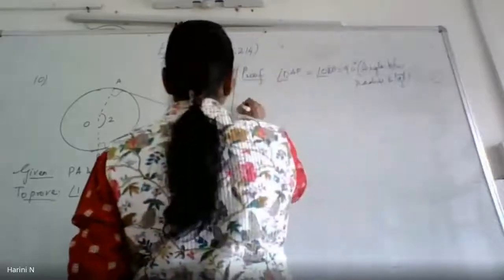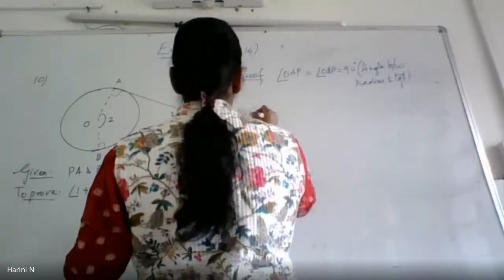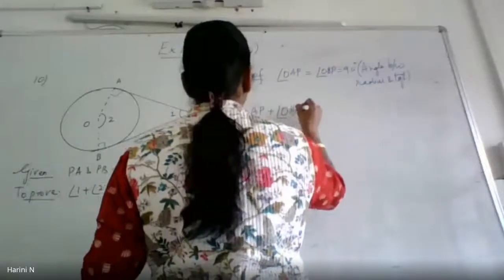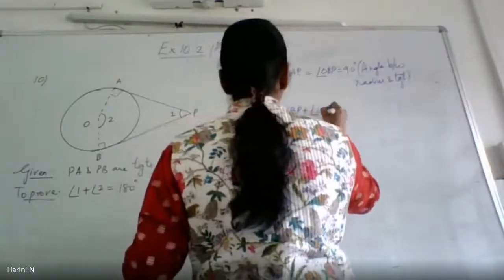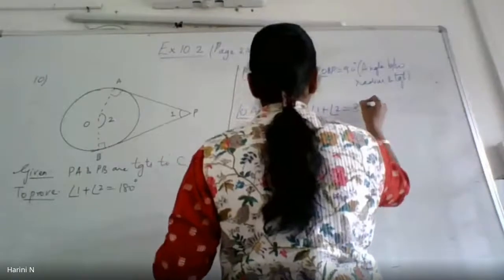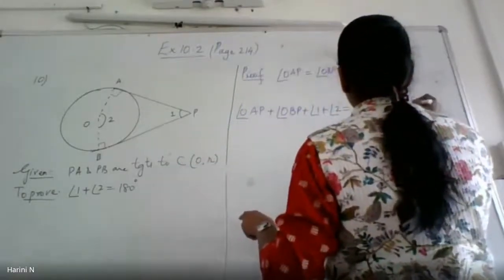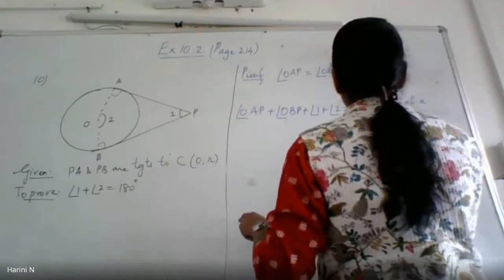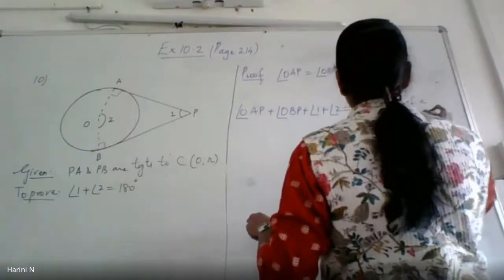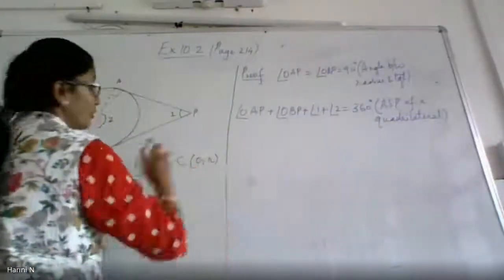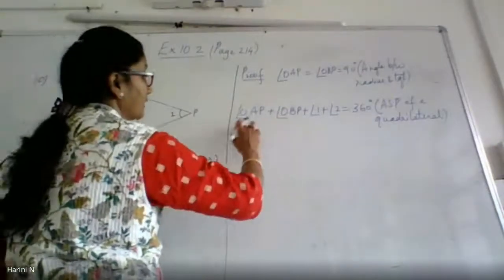Then I will say angle OAP plus angle OBP plus angle 1 plus angle 2 equals 360 degrees. This is because of the angle sum property of a quadrilateral. Any quadrilateral, when you add up their interior angles, they will sum up to 360 degrees. So, angle OAP and OBP are 90 degrees each.